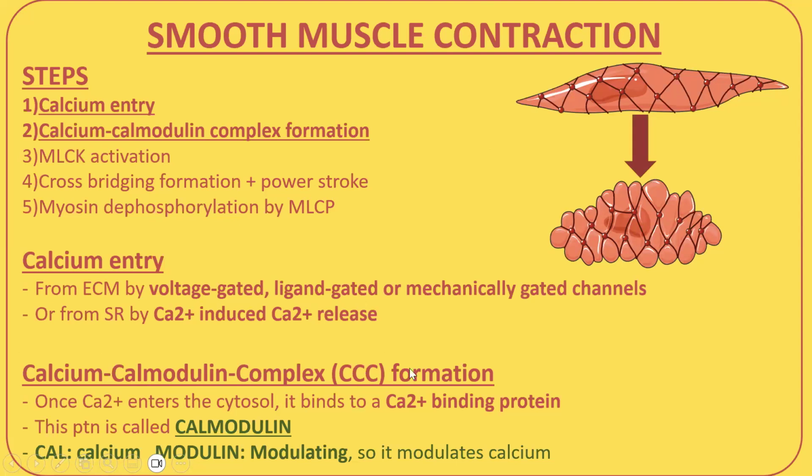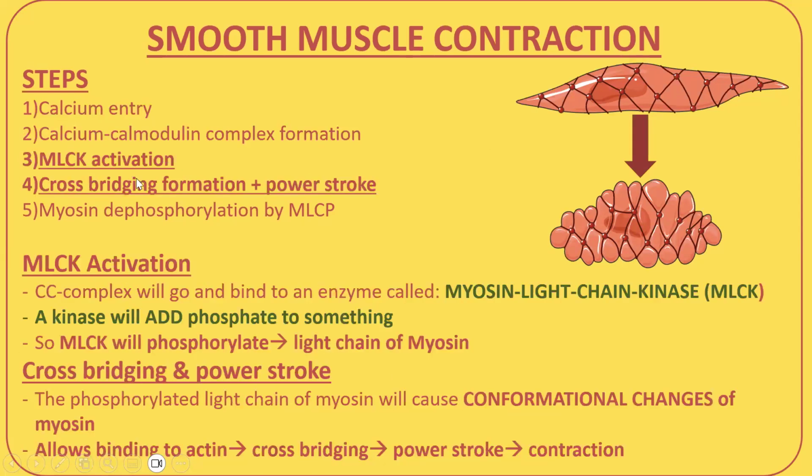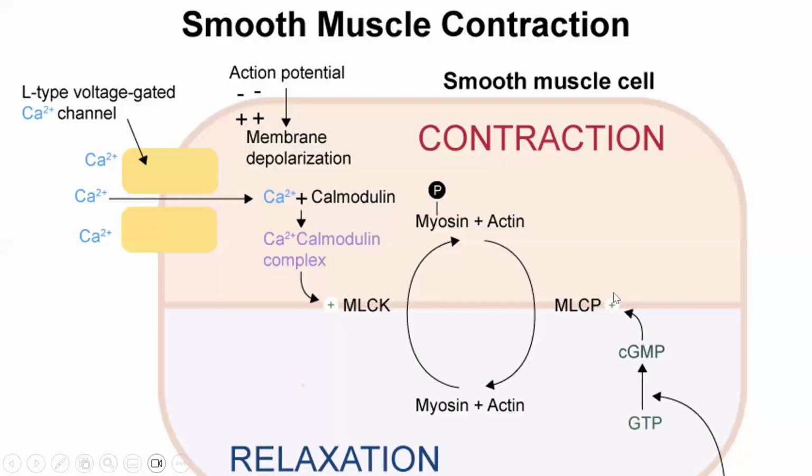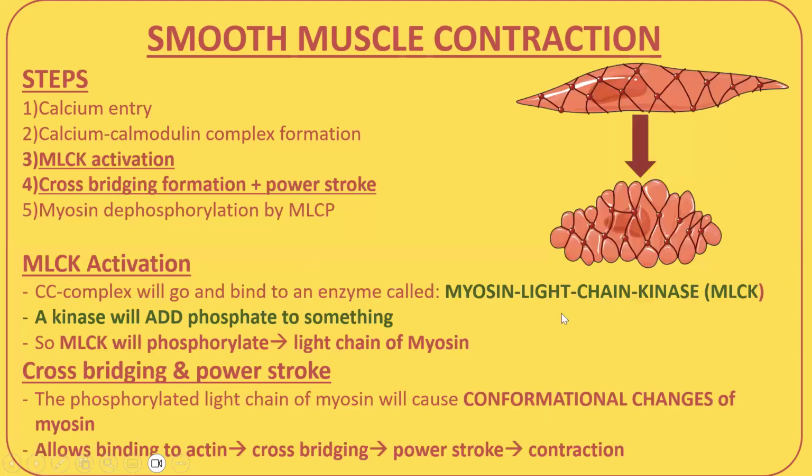Then the next step is the activation of MLCK. What does it stand for? Myosin light chain kinase. From the very beginning of the lecture, myosin had light chains, and these light chains have to be regulated by two enzymes, one of which is the myosin light chain kinase.